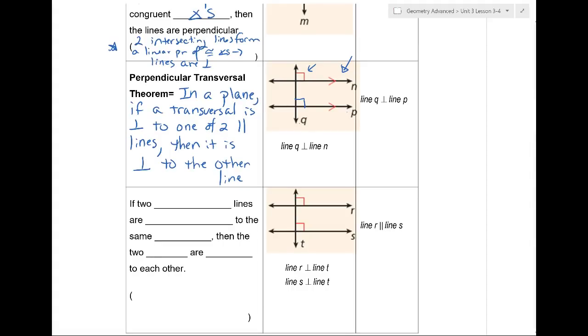All right, so the next one. If two, guess what type of lines? Coplanar. If two coplanar lines are perpendicular, you could use the perpendicular symbol if you don't want to write this all out, guys, to the same line, then the two lines are parallel to each other. Again, think common sense on this for a moment.